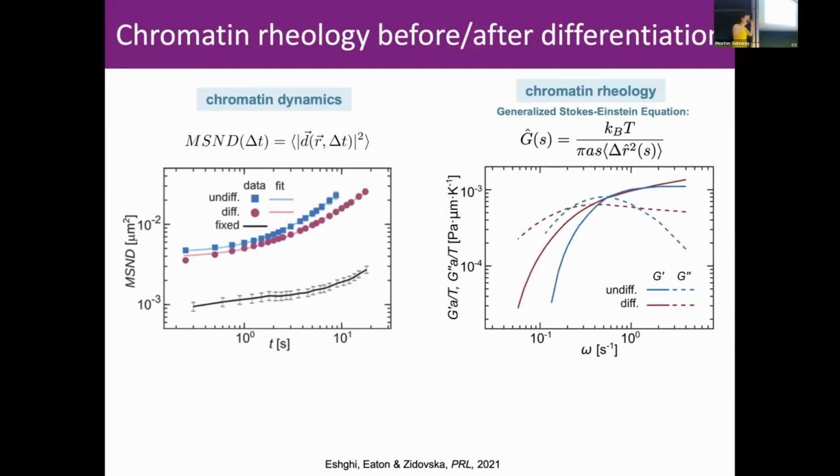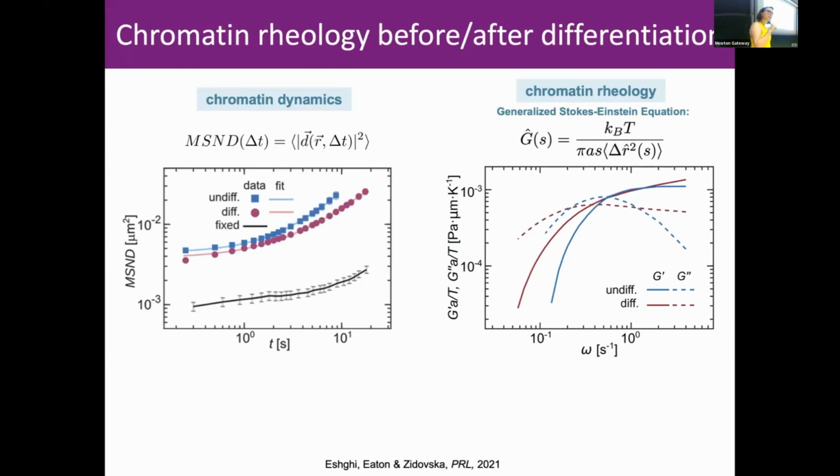So for that, we do the following trick. We measure the mean square network displacements for both. Here the red ones are the differentiated cells, blue are the stem cells for their genome, and you see that there is some difference. So we want to see if the difference comes from the emergence of the second phase in the differentiated case.